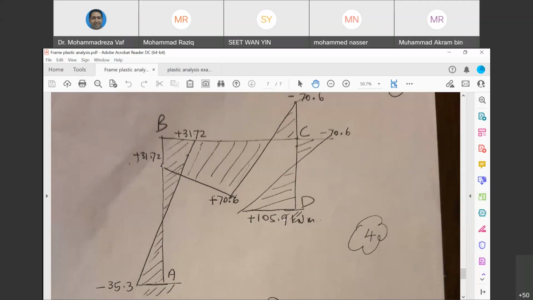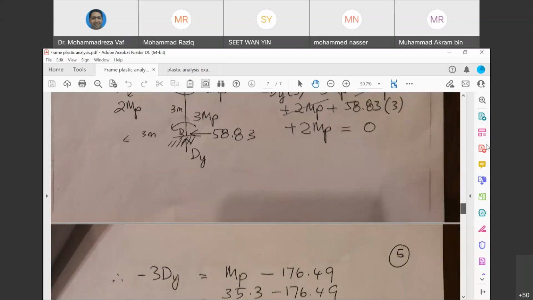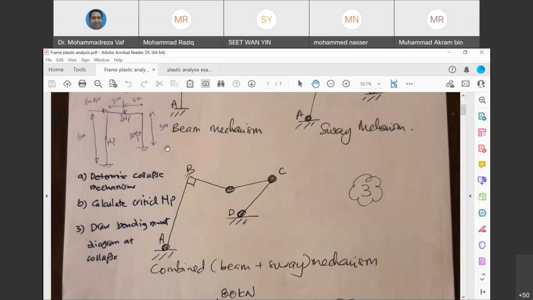For that largest Mp, we looked into the collapse condition, and then we calculated the bending moments at the plastic hinges, and got the bending moment in the location that we didn't know the value, and finally we drew the bending moment diagram.